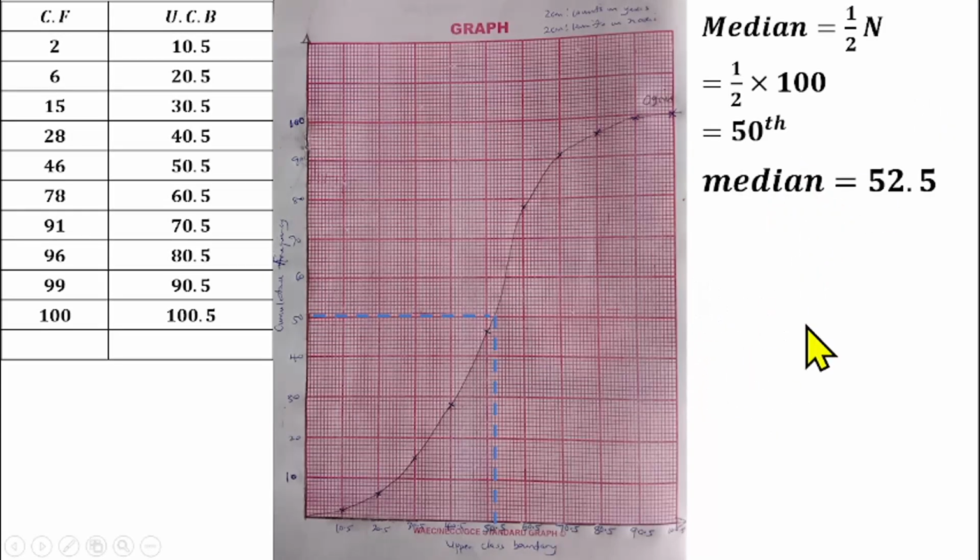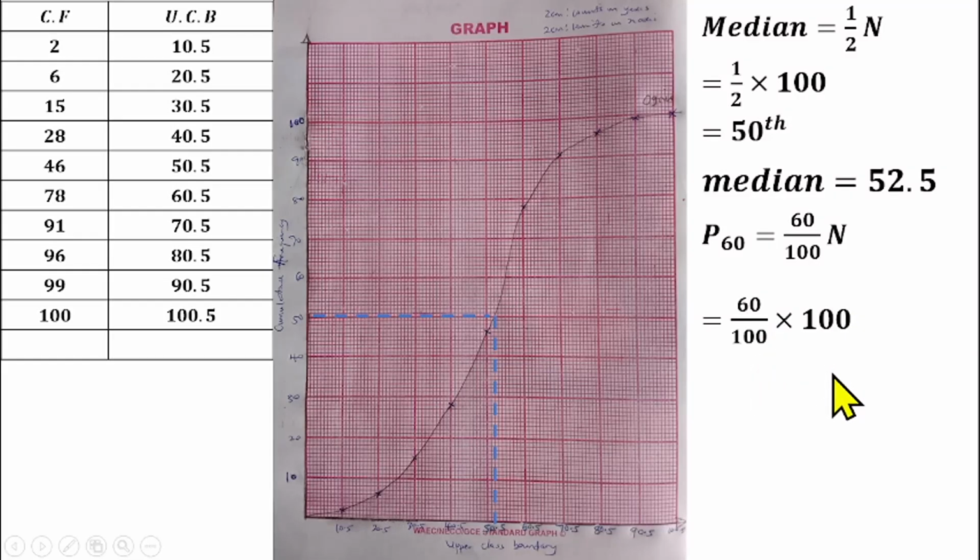Then you have to find the 60 percentile also, which is P60. That will be 60 over 100 multiplied by the total frequency, 60 over 100 times 100, which gives us the 60 position as well. That is to say the 60 percentile is in the 60 position.